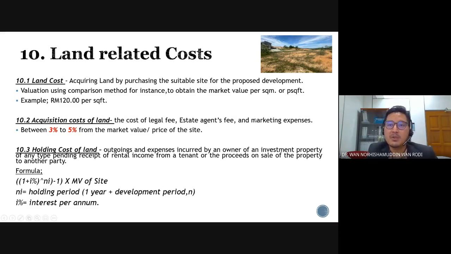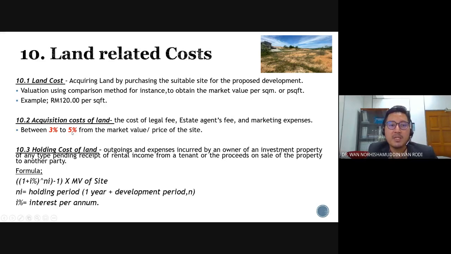They also need to pay for marketing expenses, for example marketing in newspapers, maybe on relevant websites, and etc. The cost is between 3% to 5% of the market value or price of the site.